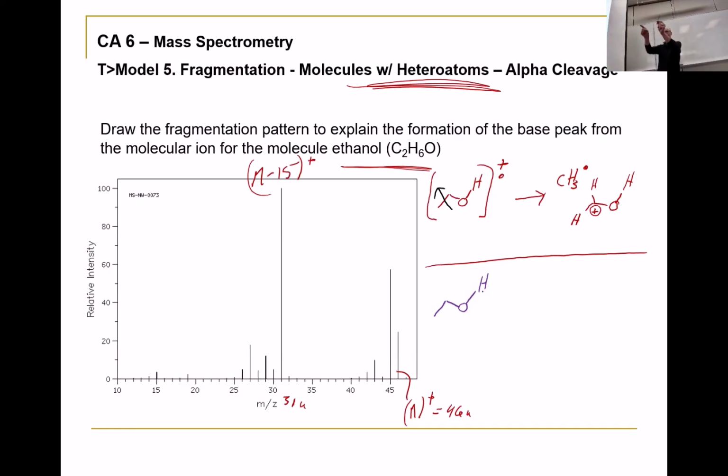So the electron gun shoots this molecule, knocks out an electron. What electron is most likely to get knocked out? On the oxygen, right? So we would do something like this, and we put the positive charge there.